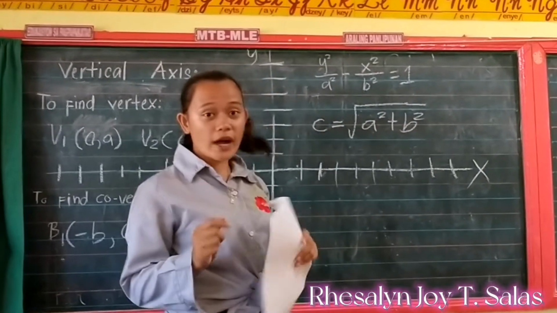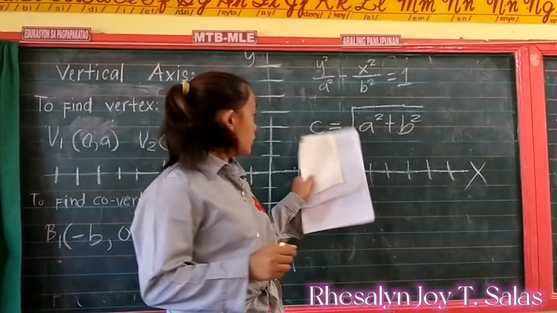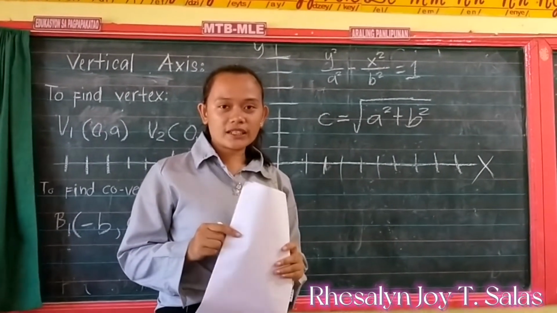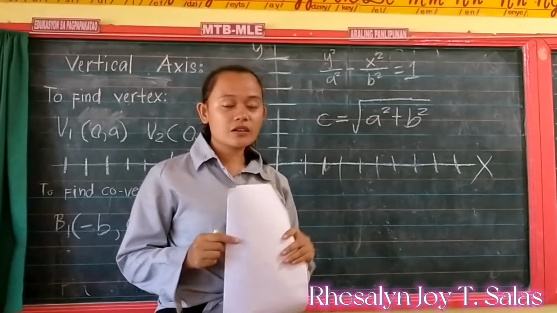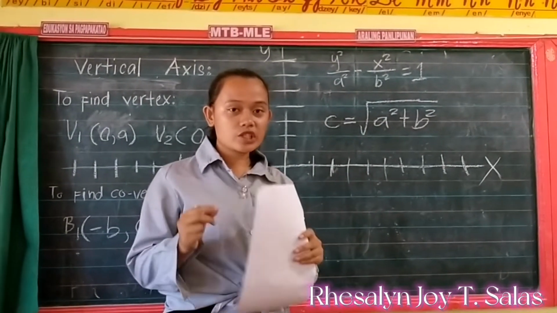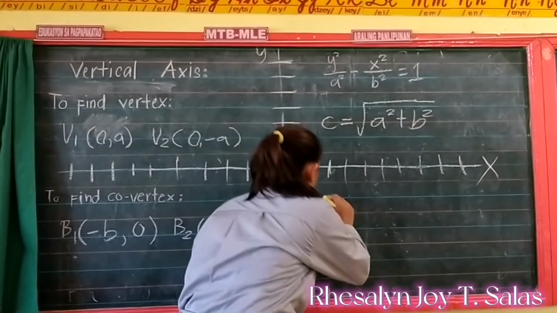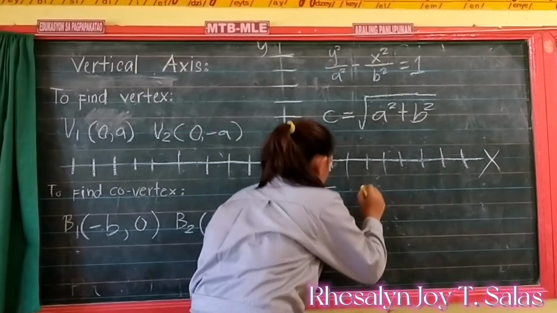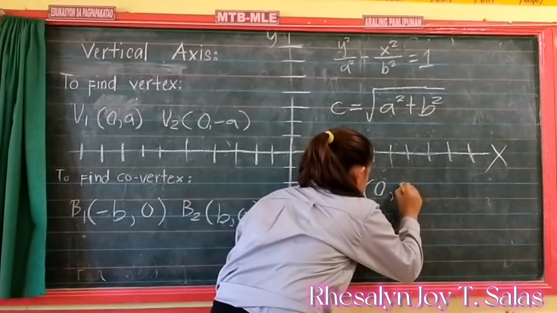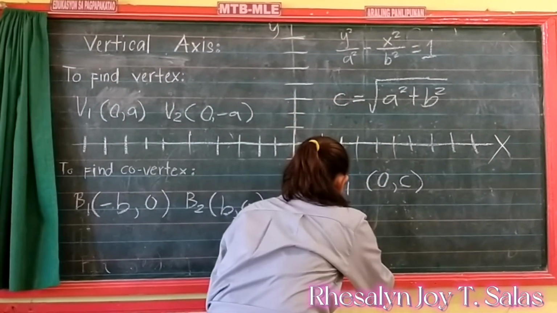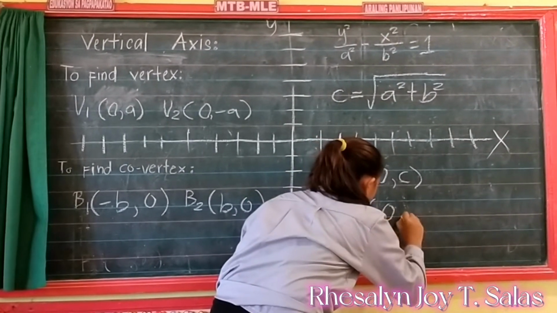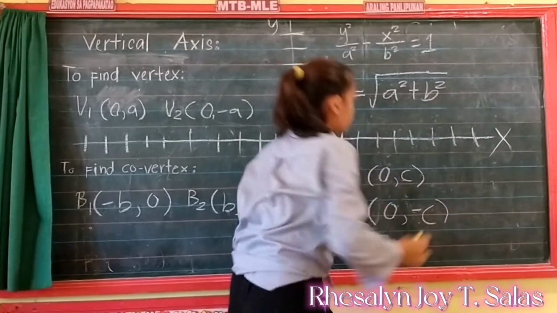Now, once we have the value of c, we can locate the foci, or the two focus points: F sub 1 has coordinate (0, positive c), and F sub 2 has coordinate (0, negative c).